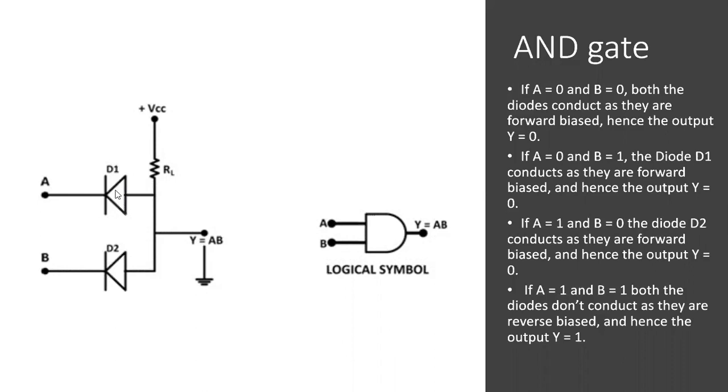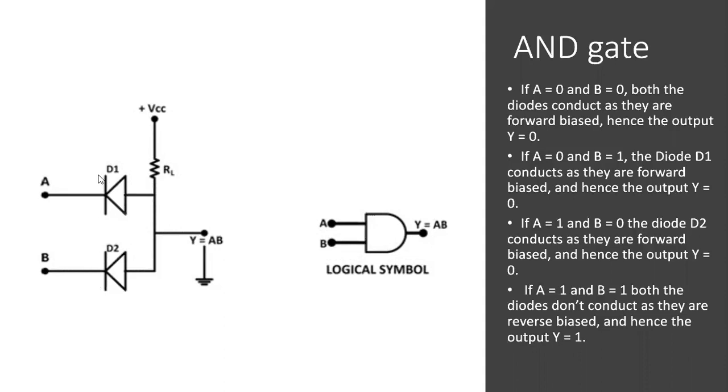If a diode becomes forward biased, it behaves like a closed switch. Hence the supply will flow through this diode to the ground, and does not reach the output, hence the output becomes 0.